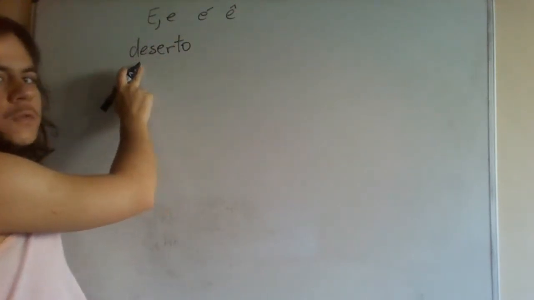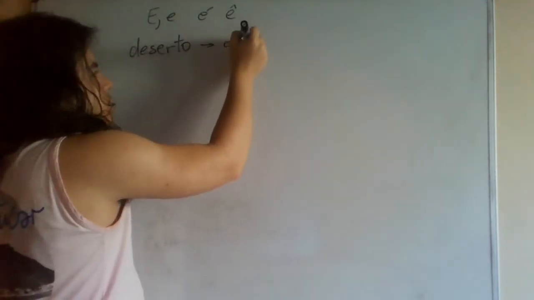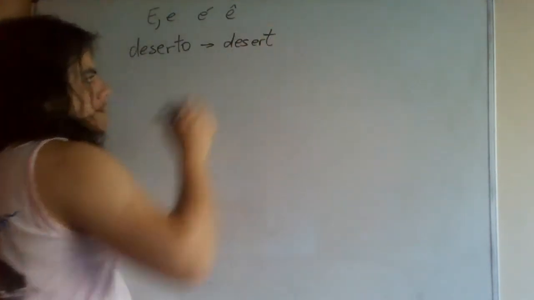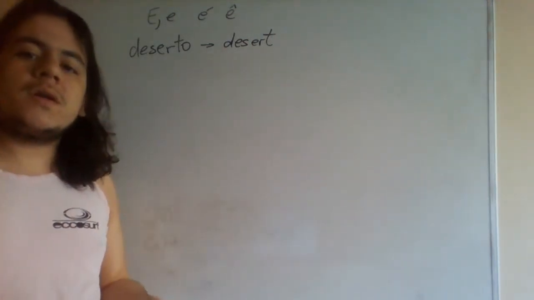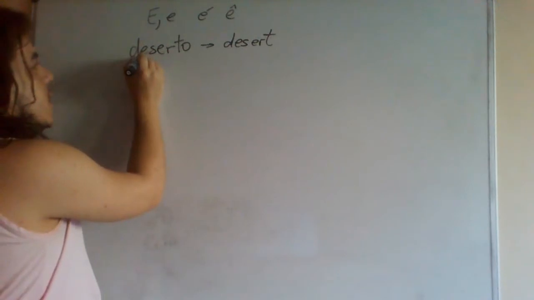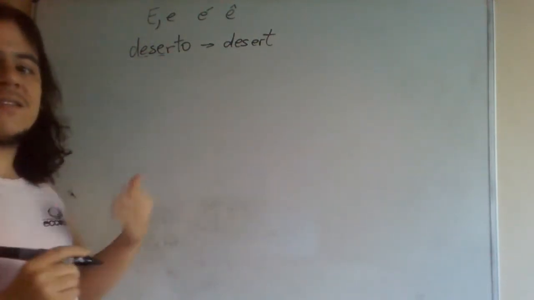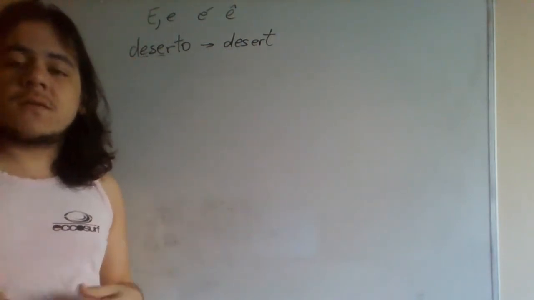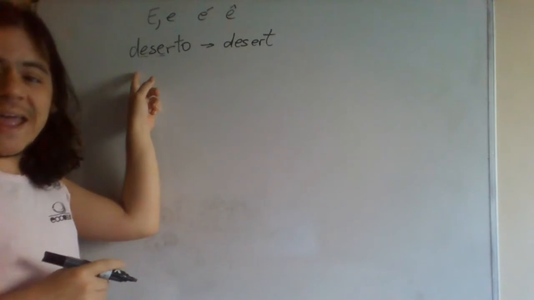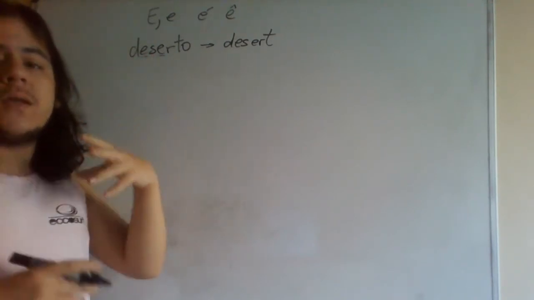we've already seen this word here, deserto. It means desert. In this word, we can notice the two sounds of letter E. But in some regions, people will say deserto with both letters E with the open sound.